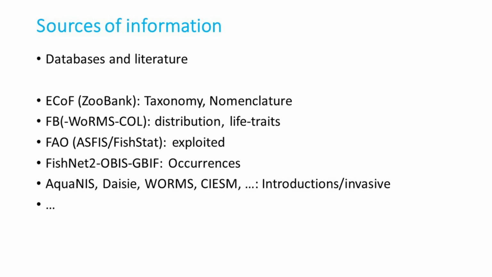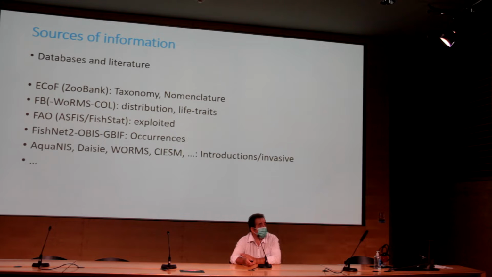The problem that we have now, and we take the example of fishes, but it's true for any group of species, is that there are multiple sources of information, and they don't address the same domain, they don't necessarily have the same scope, and so on.